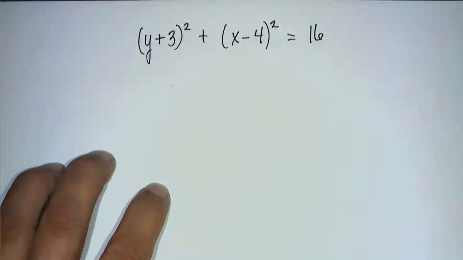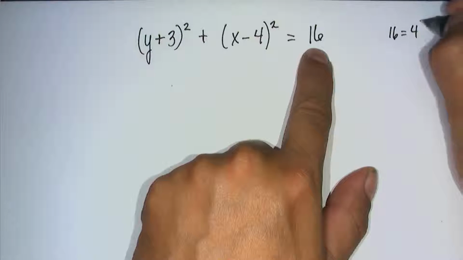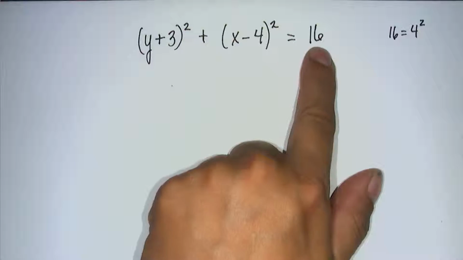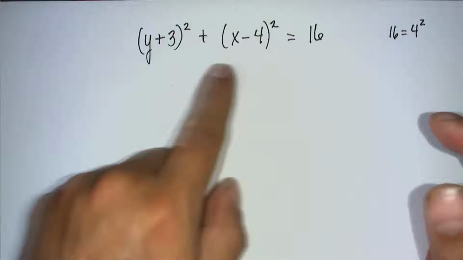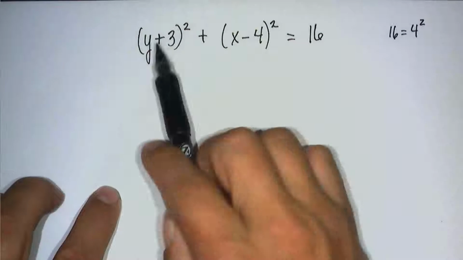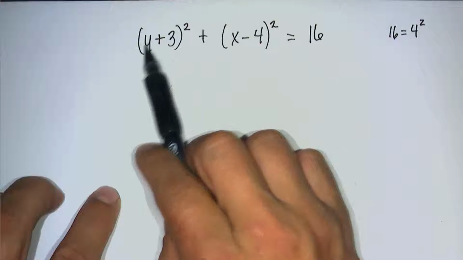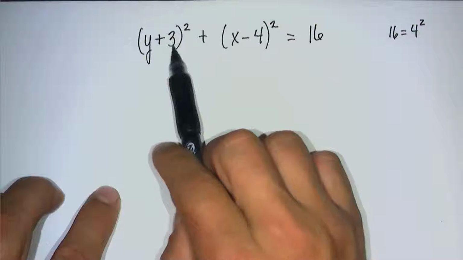Okay. And we should note that 16 is 4 squared, so the radius of our circle is going to be 4. Where is it going to be centered? It's going to be centered at the point, well, this is negative 3, right? Because it's y minus negative 3, which would be plus 3, so it's going to be 3 units down.